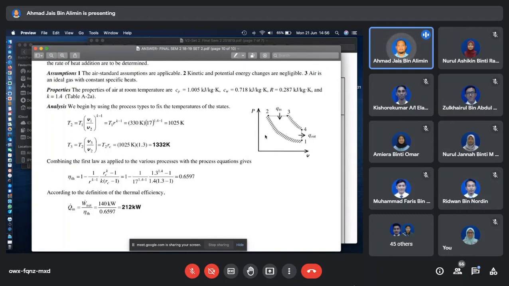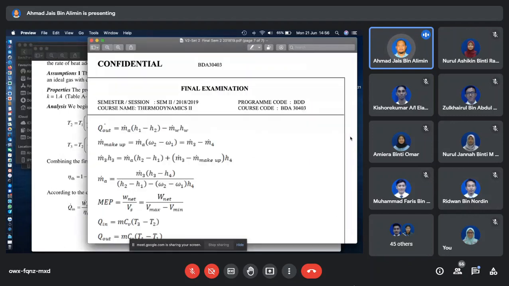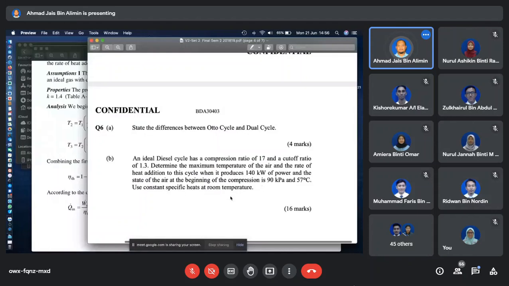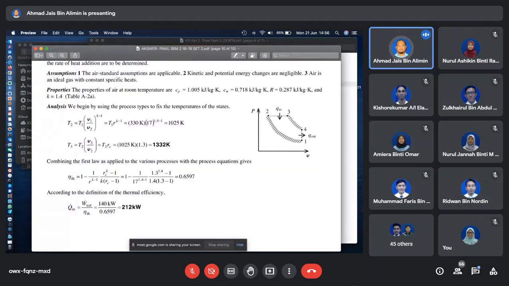Here, if you look at the question, it does not ask you to do the PV sketch. Even though it does not ask you to sketch a PV diagram, it is best that you always sketch the PV diagram.